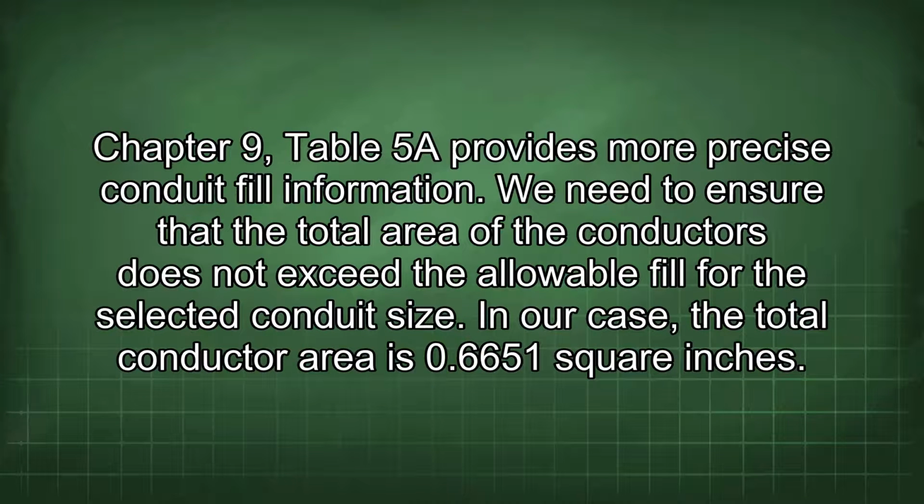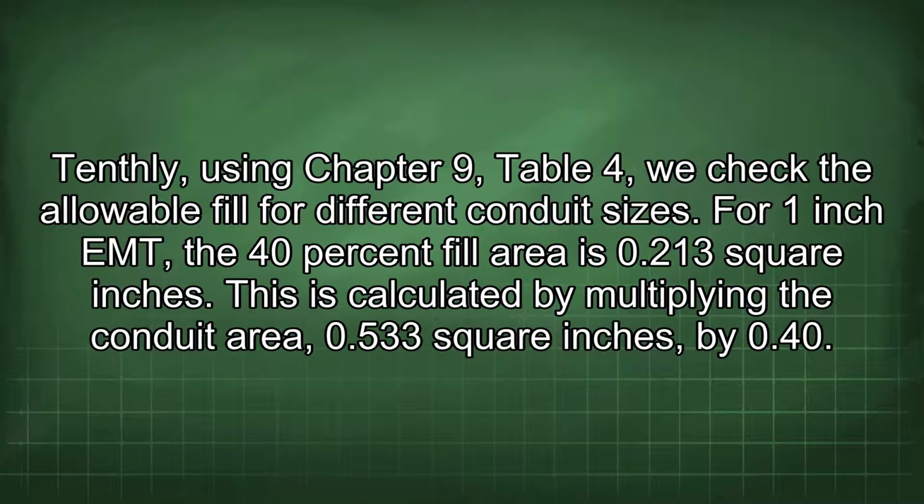Chapter 9, Table 5 provides more precise conduit fill information. We need to ensure that the total area of the conductors does not exceed the allowable fill for the selected conduit size. In our case, the total conductor area is 0.6651 square inches. Tenthly, using Chapter 9, Table 4, we check the allowable fill for different conduit sizes.